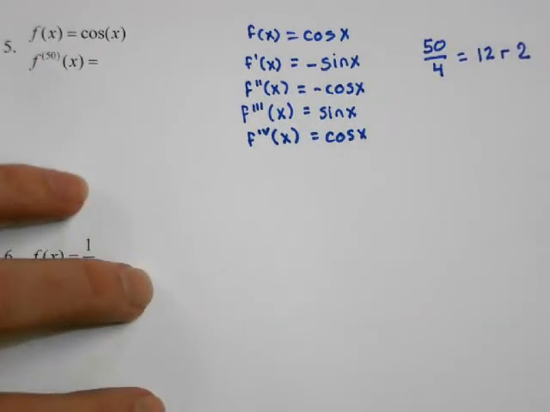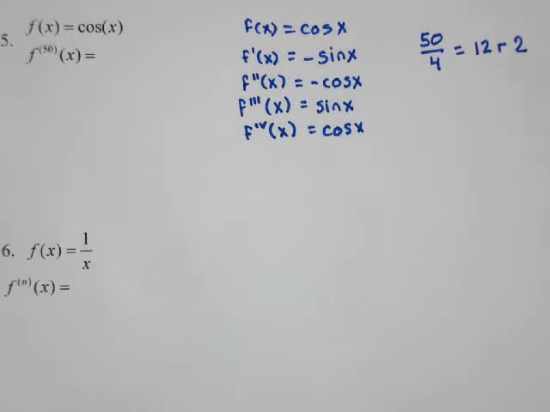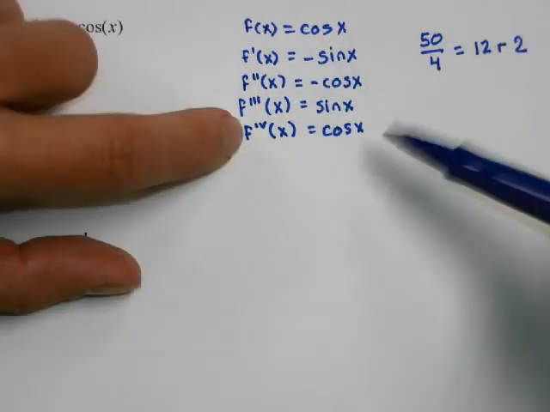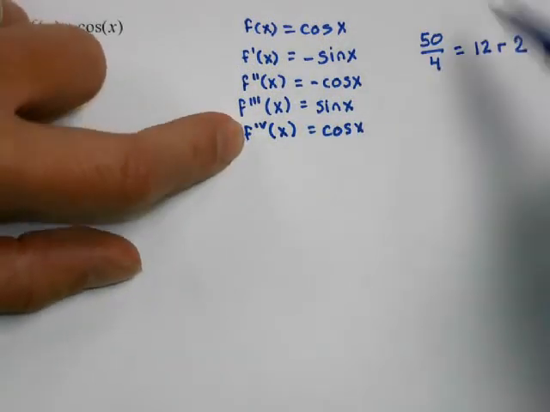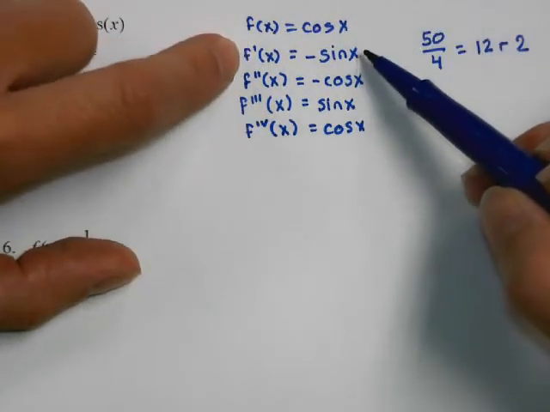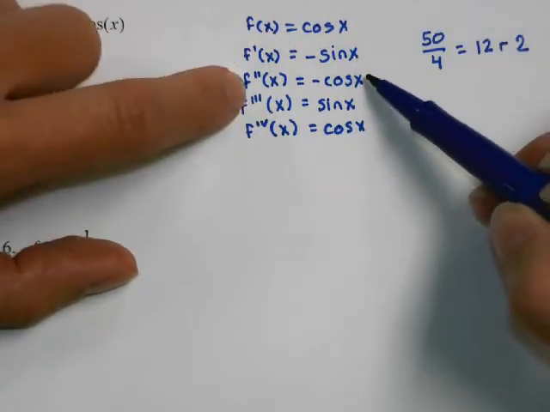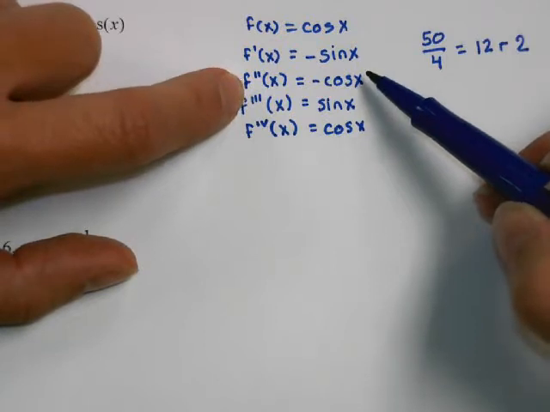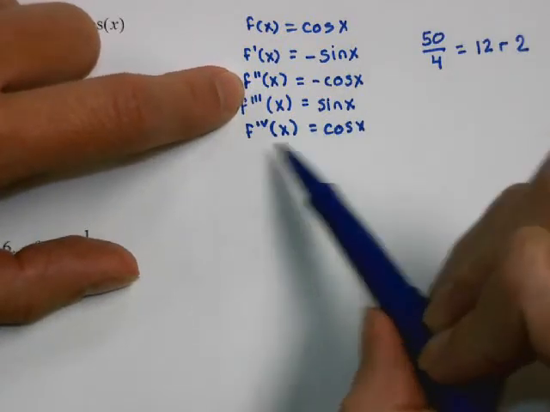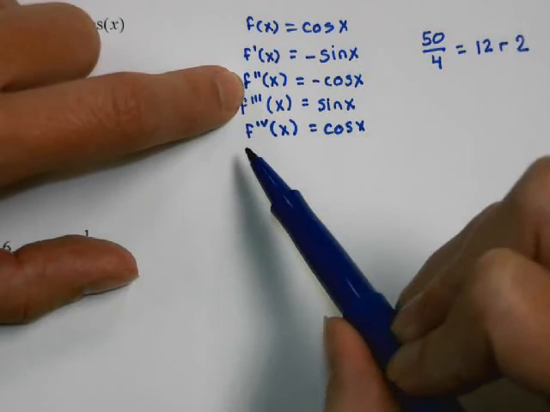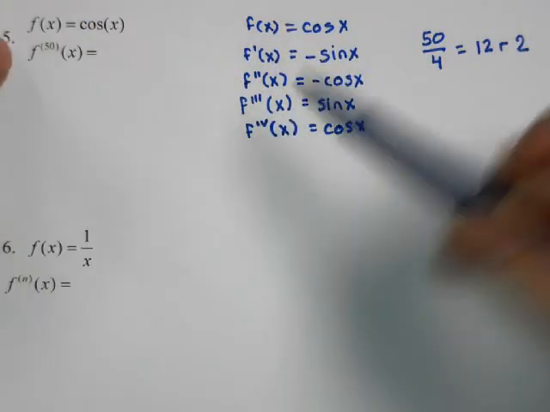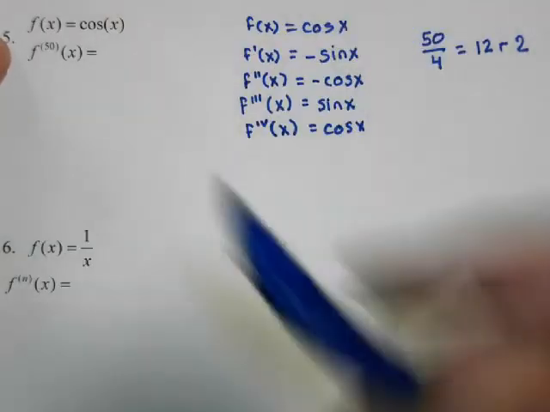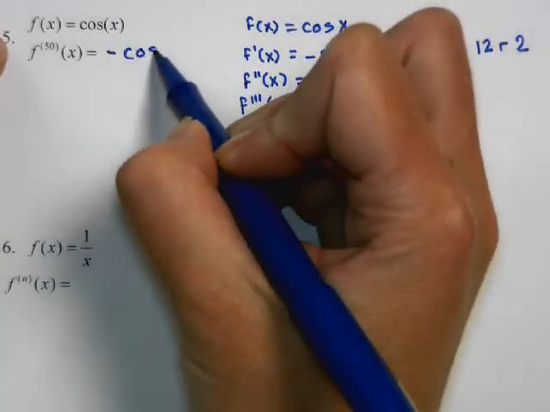Who thought you'd use remainders anymore? But the 48th derivative would be cosine. The 49th derivative would be negative sine. The 50th derivative is going to be negative cosine. So all of these are going to be divisible by 4, and then you just figure out what's left over. So this derivative is a negative cosine of x.